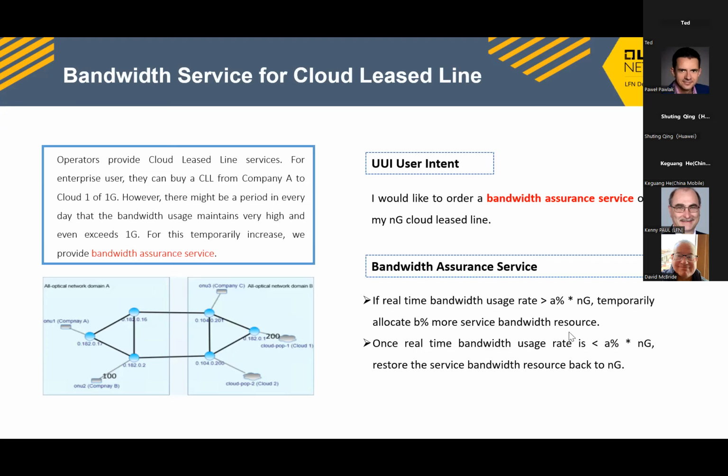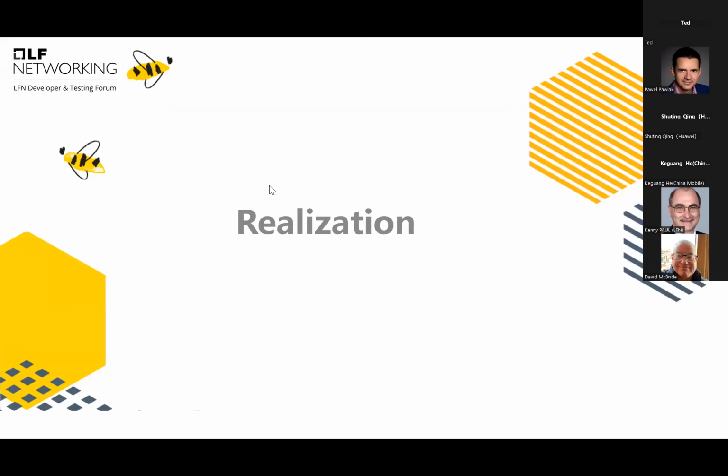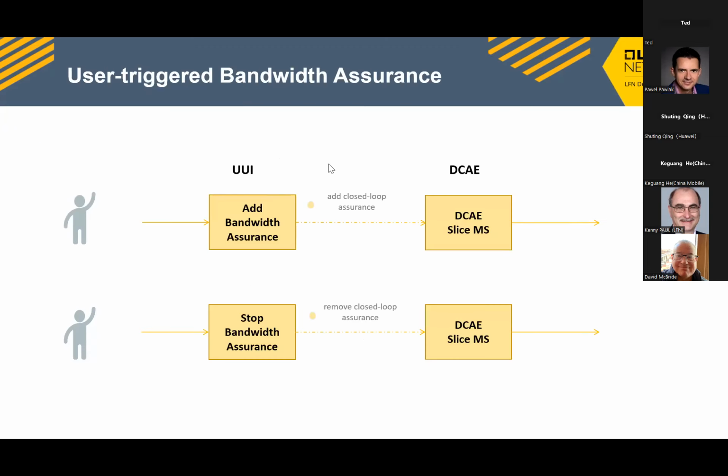That's a scenario. And in this use case, we wanted to realize the bandwidth assurance. So let's say for users, they first buy the CLL service, and then they have the right to cancel or add a bandwidth assurance service. So what we have to do is to translate the user human language intent to machine intent in the UUI component.